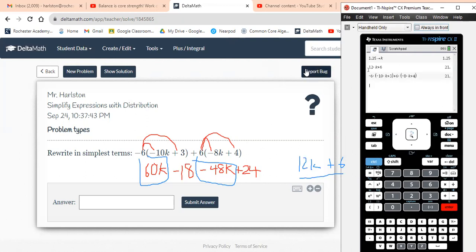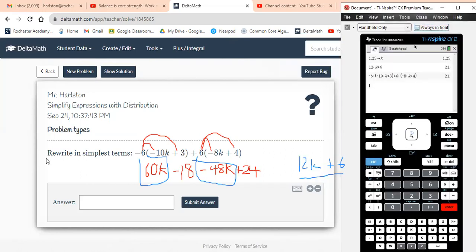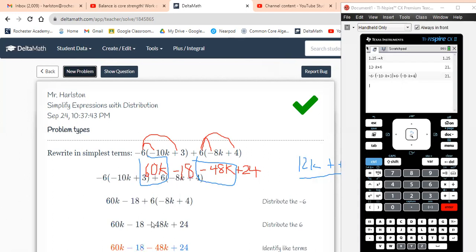So I'm pretty certain that what I did there was good. So I can come here and just type in 12k plus 6. And it says, okay, you did a good job.